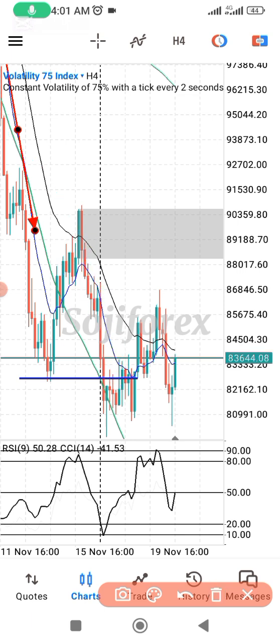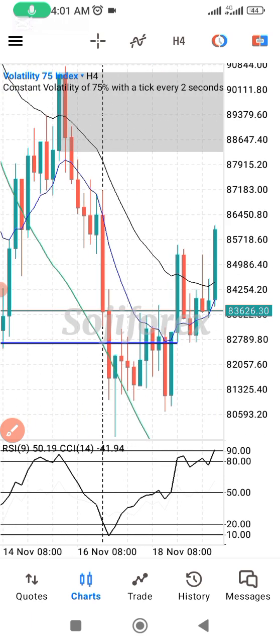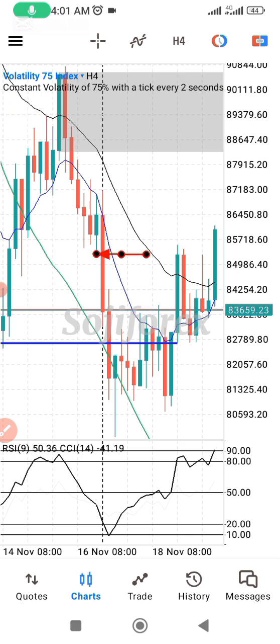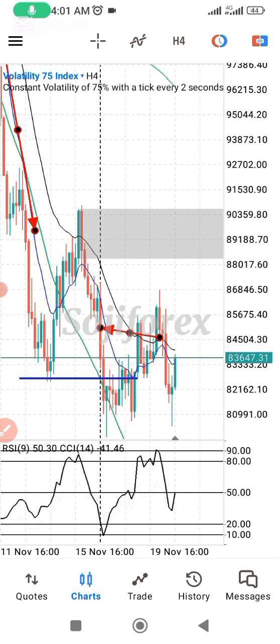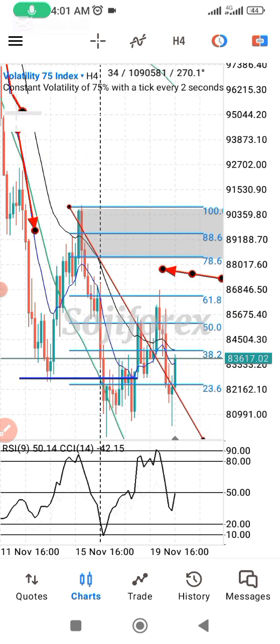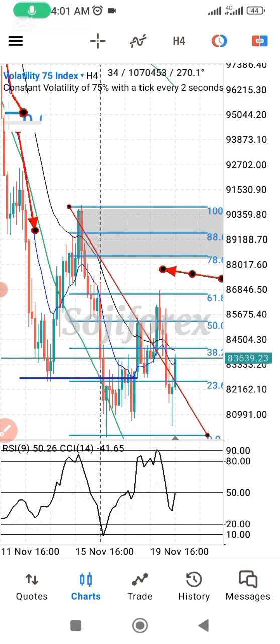So if we observe carefully, we will realize that here we have an imbalance. You can see this zone. This is an imbalance. But despite that, I have to put my Fibonacci and see whether that imbalance is between the range of 50.